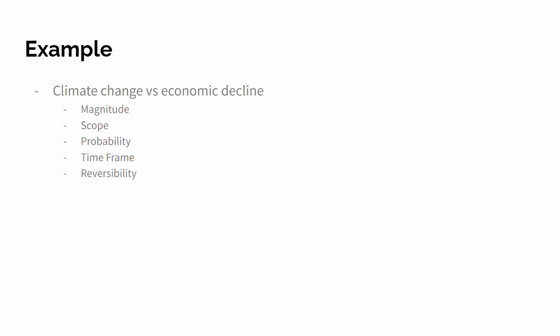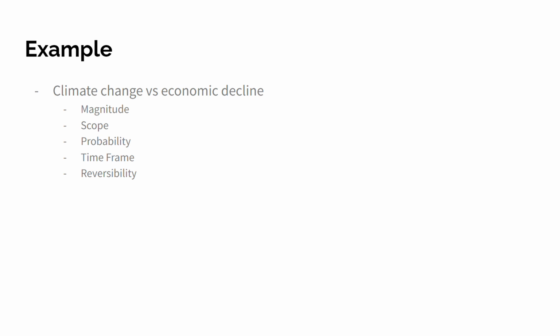So here's an example for just normal weighing. We'll take climate change versus economic decline, and we'll argue why climate change outweighs economic decline. First, the magnitude. You can argue that climate change causes death, right? It causes environmental destruction. That's a very severe impact that outweighs economic decline, which is arguably a more abstract consequence. It doesn't really result in the physical destruction of the environment or of human life that climate change causes.